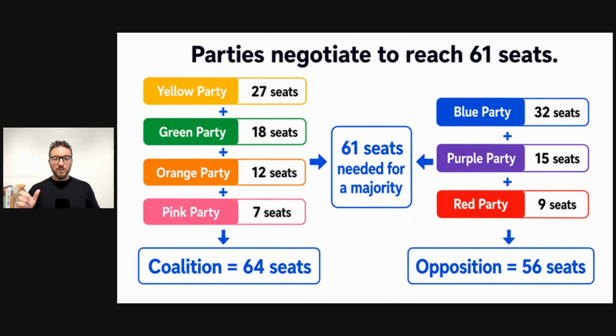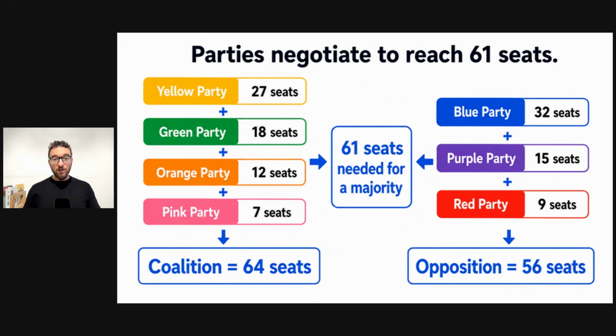And that would give us this crazy scenario where the prime minister of Israel is the head of a very small party just because of these negotiation games of who's going to get the majority. And this happens sometimes. And so the prime minister is not only not elected by the people, he's also not necessarily the head of the biggest party. All this gets fleshed out in the negotiations.